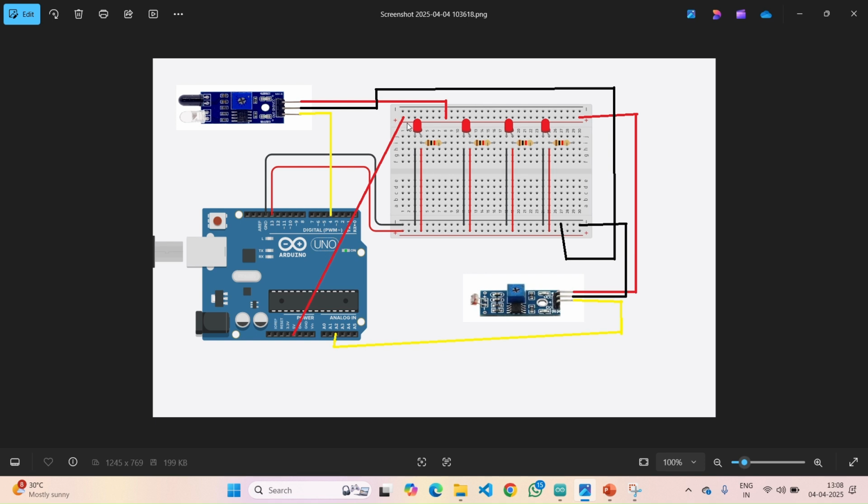So from both of these I have taken one more common and I have connected it to 5 volts. And one more thing is that the negative of both the sensors I can give directly to this negative, because all negatives are pointing towards the ground. So there will be no disturbances.